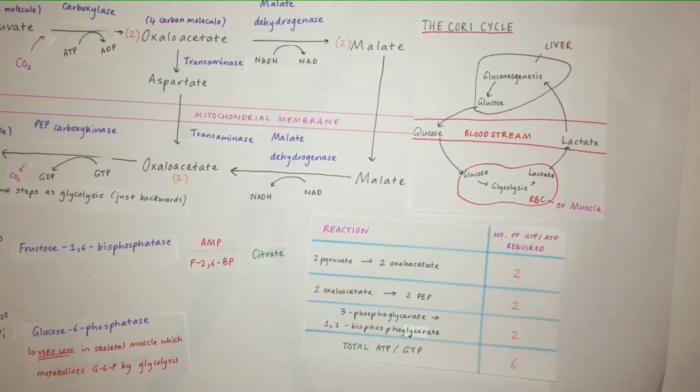So that just kind of describes how we can still work around the fact that we can't make new glucose in the muscle and red blood cells. So that was the basics of gluconeogenesis and a little bit on the Cori cycle.